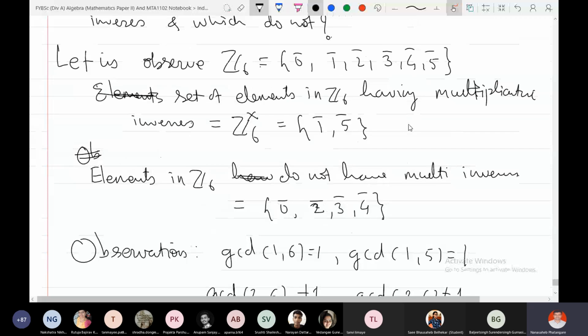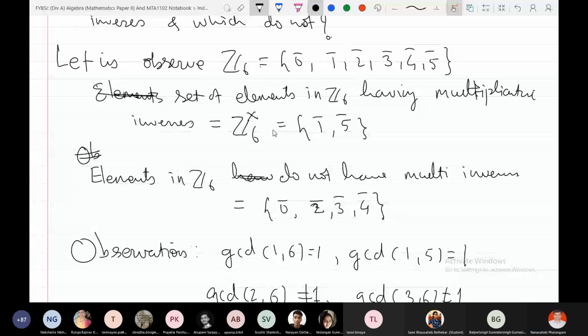What is the common thing about Zn cross? Common thing among elements in Zn cross, right? All of them, the representatives have GCD 1. For example, in Z6, 5 bar is the same as 11 bar, right?